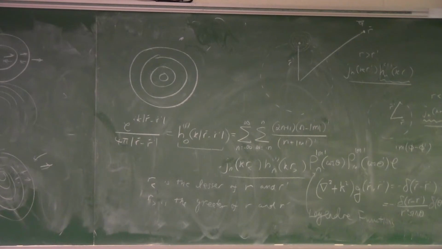This is important for the fast multipole algorithm. If you need to study the fast algorithm, you need to understand this identity or this addition theorem. It's called translational addition theorem because it came from the addition of angular momentum in quantum physics. When you add two angular momenta, you have a lot of formulas that look like that.